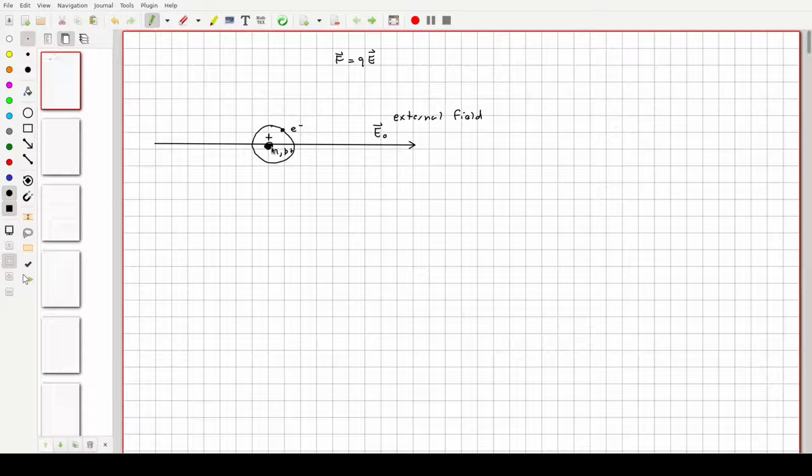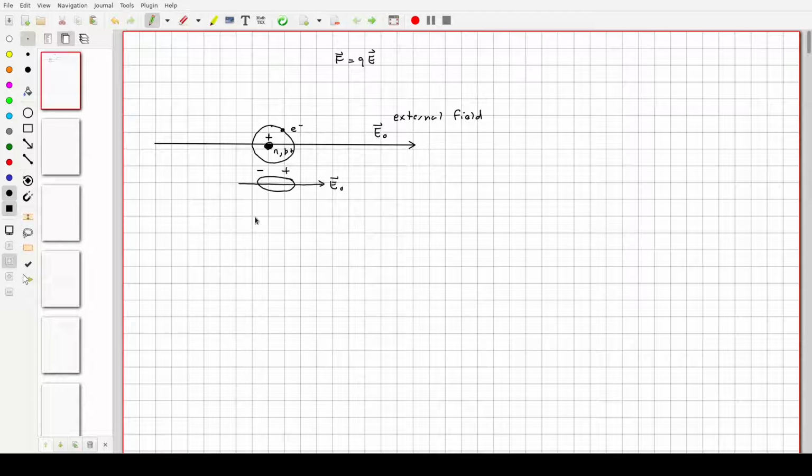And what that does to an atom is to elongate it. So your atom sort of almost looks like, just to exaggerate it, a grain of rice. And if you think of this as being the direction of the electric field that's passing through, you're going to have a region that's positive and a region that's negative, like this. They've been separated.